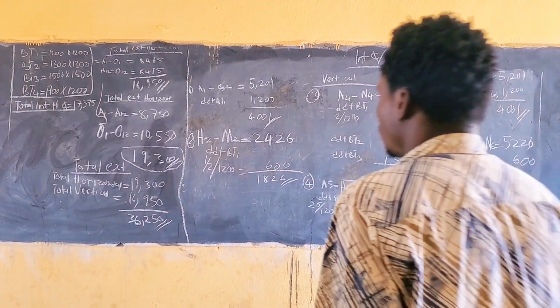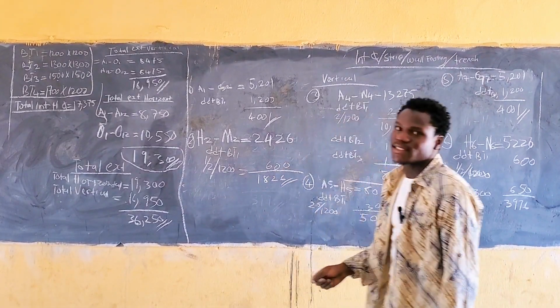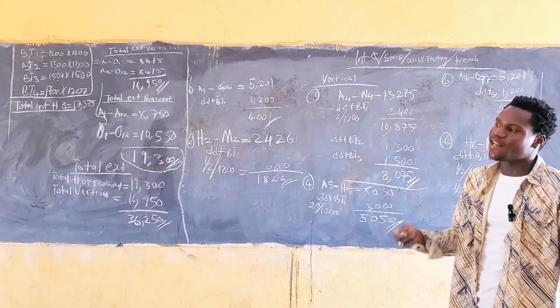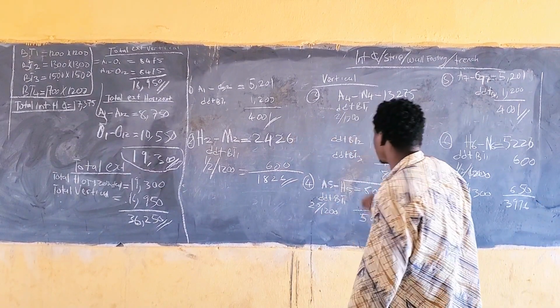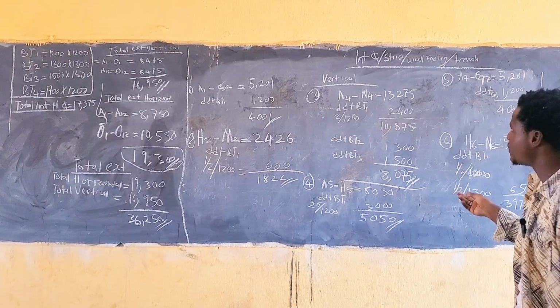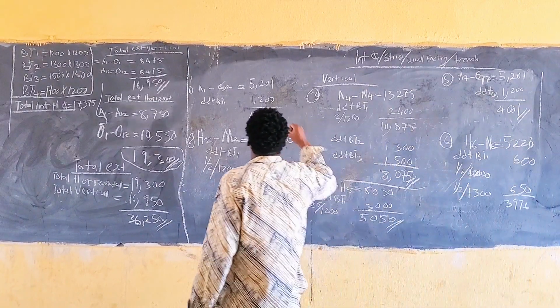So now we are going to find our total internal vertical gaps, and that will be by summing up all the dimensions together. There is no more space, so I'll just create space, probably like this.